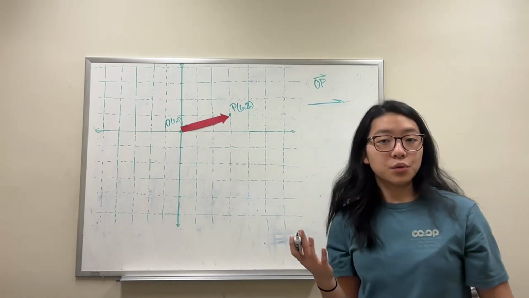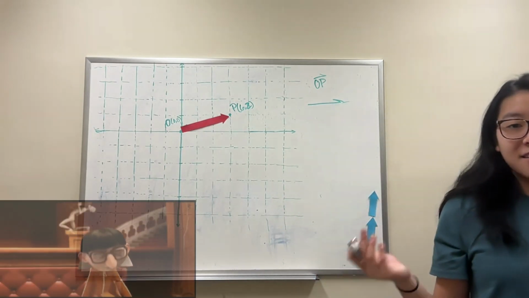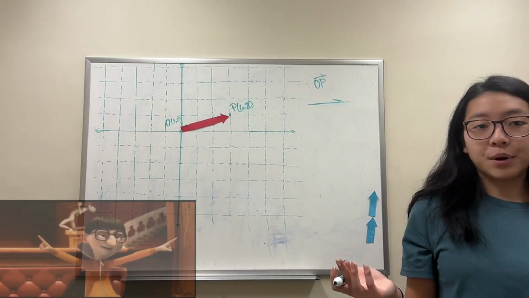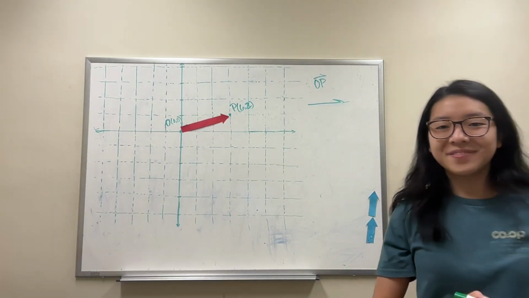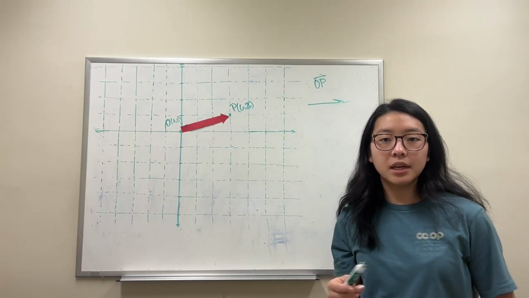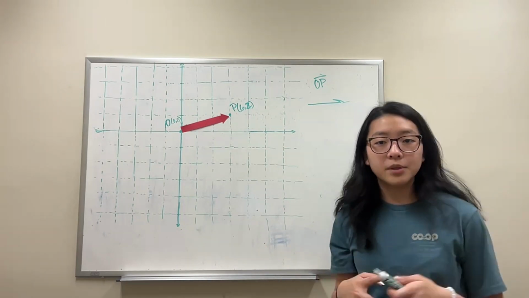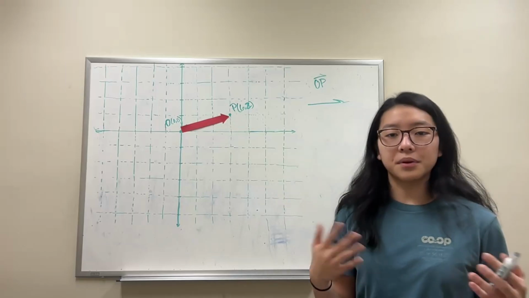So vectors have two qualities, which you might remember from the Despicable Me villain Vector, that they have both direction and magnitude. You might have also heard these terms in a physics class when talking about force or velocity, when there is a size or strength or weight to an object and a direction like up or down or north or south.